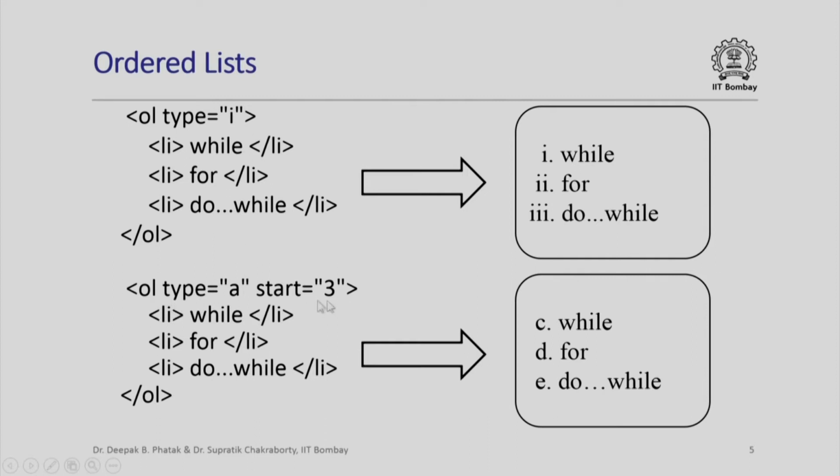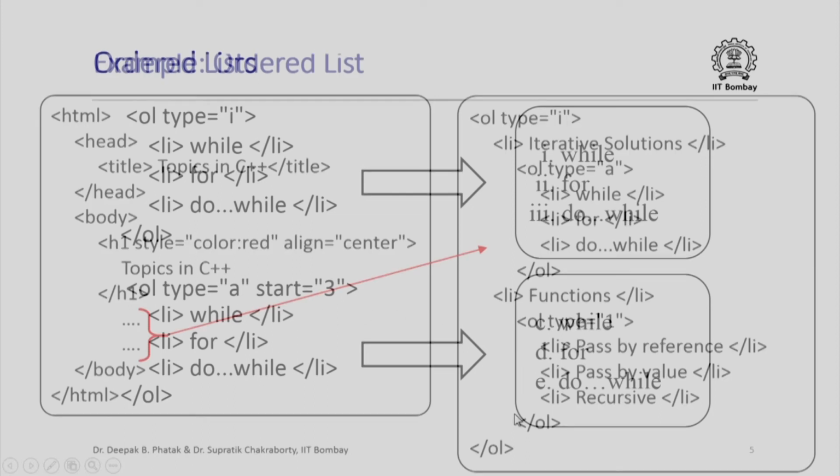Here is another example, type equal to a, start equal to 3, where I put the same words while, for, do while, but notice how they appear. They appear as CDE, and that is because the start point is written as 3, whereas the type is an alphanumeric ordered list.